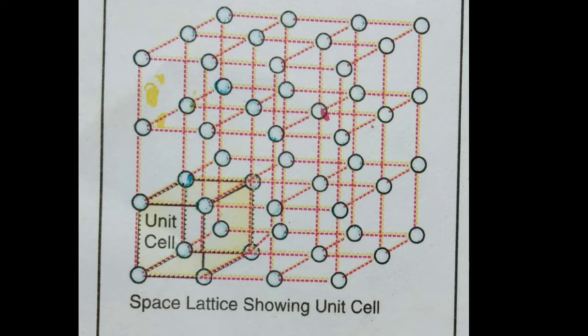A unit cell may be defined as the smallest three-dimensional repeating portion of a space lattice, which when repeated over and again in different directions produces the complete crystal lattice. It is also known as the building block of a space lattice or crystal lattice.